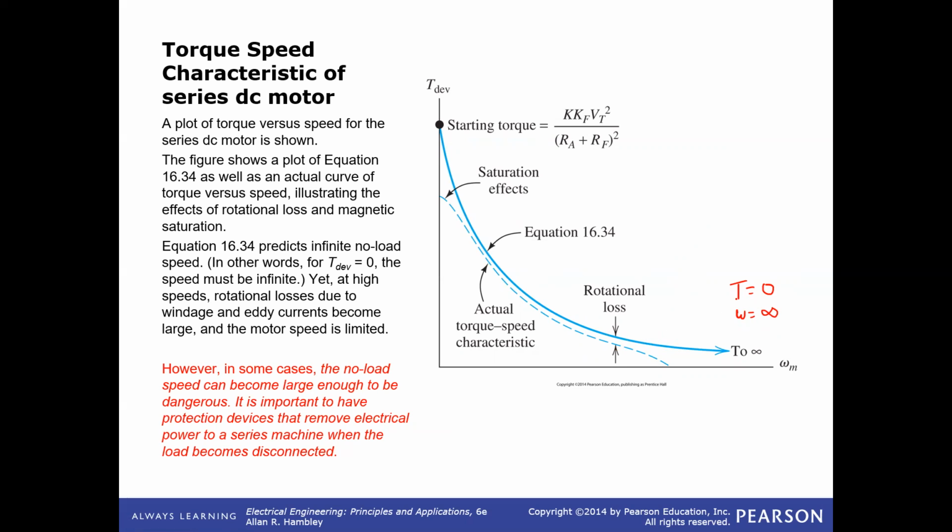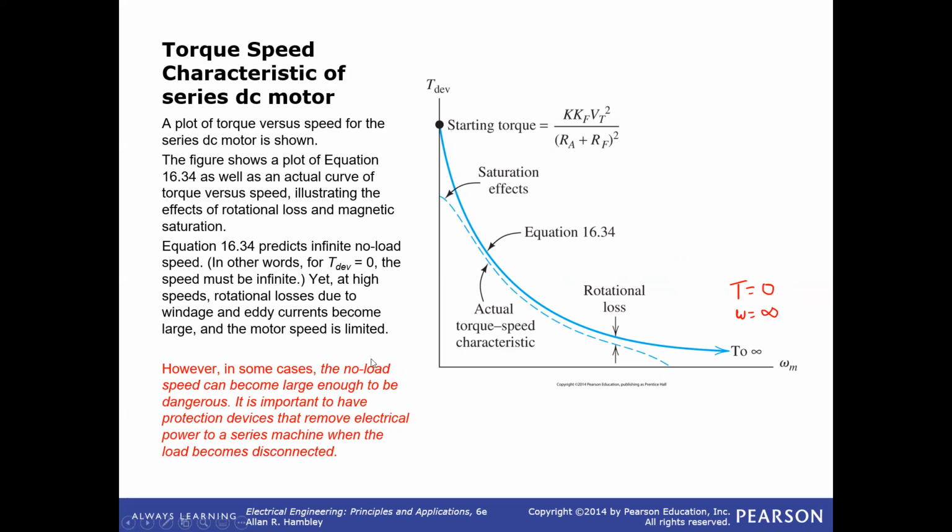This is the theory, but in practice, we need to consider rotational losses in the motor. So usually when torque is equal to zero, there is still a finite speed of the motor. The motor will not go very high.